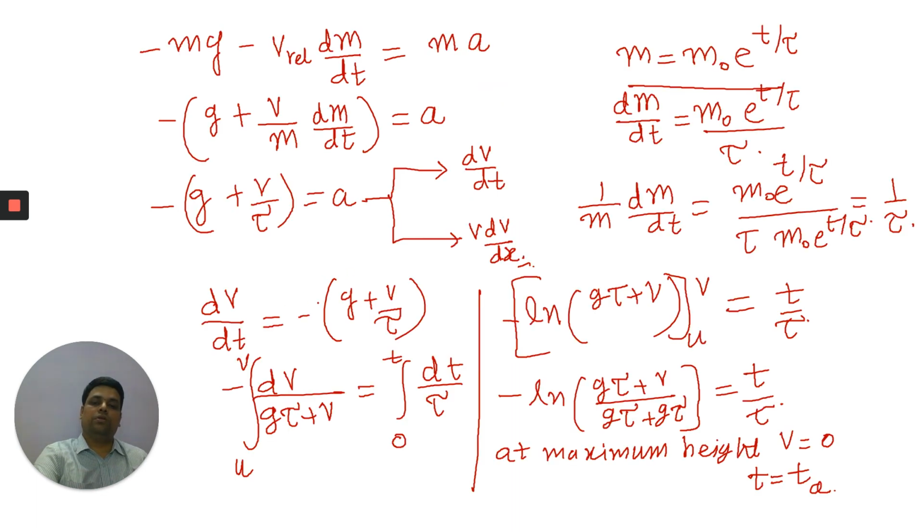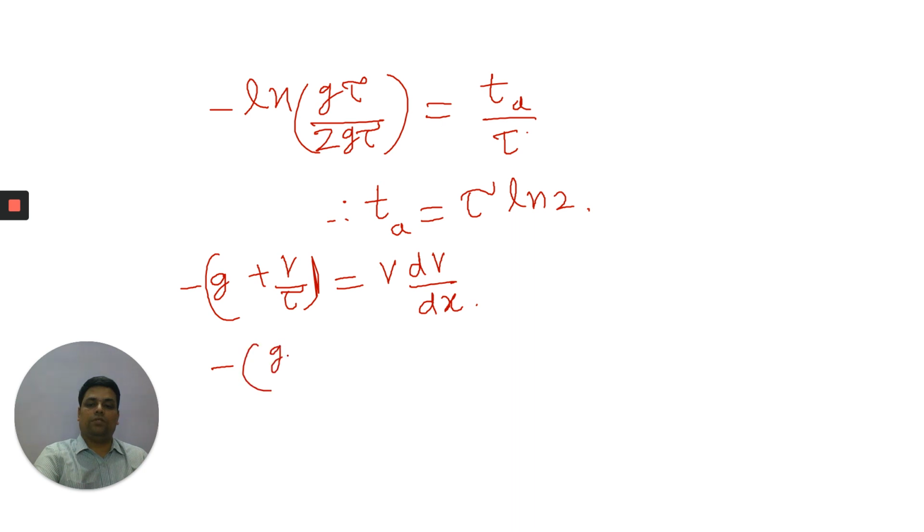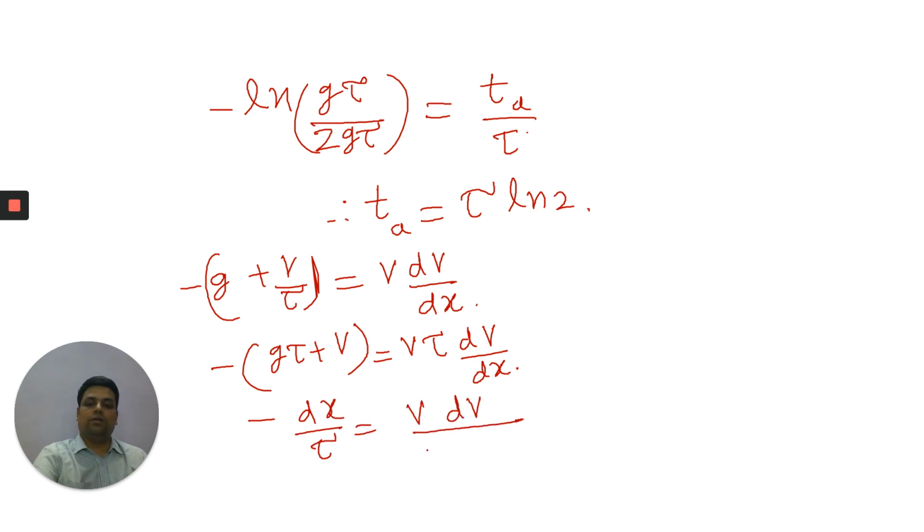I am asked to also give the maximum height reached. Again, I am taking the same expression, that is minus of g plus v by tau is acceleration. So I would have acceleration as v dv by dx. Let me rearrange the things: minus dx by tau equals v dv by g tau plus v.